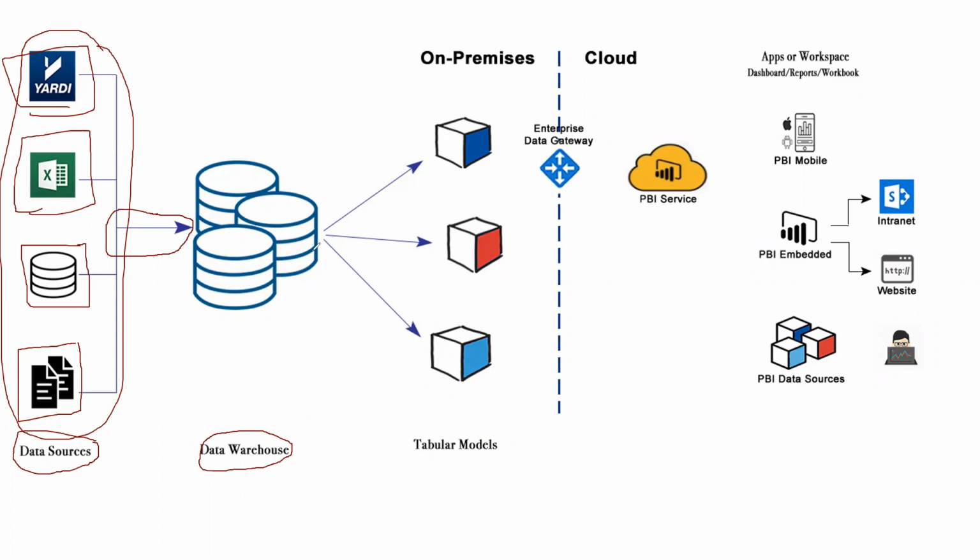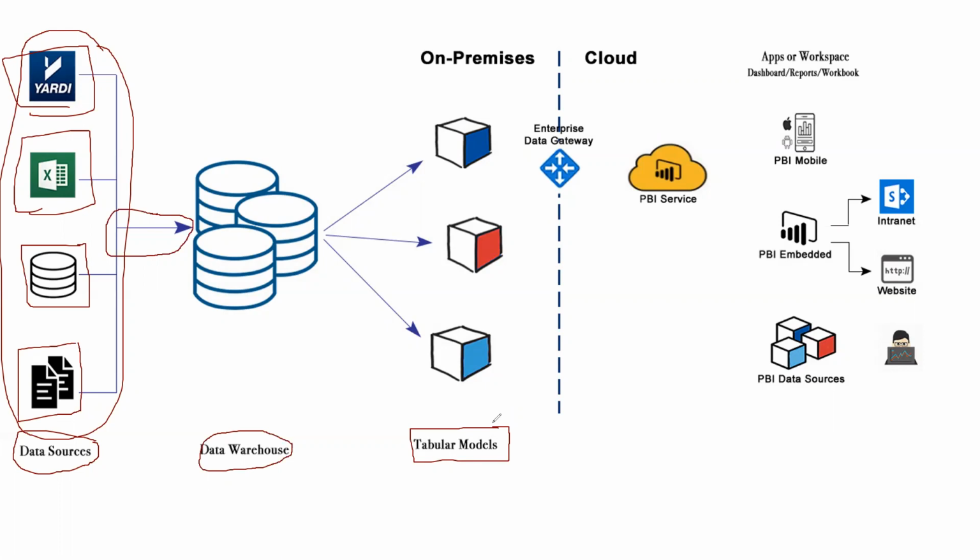So once we have the data available, then we create models. So models are nothing but the initial steps what you do in Power BI. So the initial steps, what you perform in Power BI is connect to a data source, pull those tables into Power BI, let's say import mode to keep it simple.